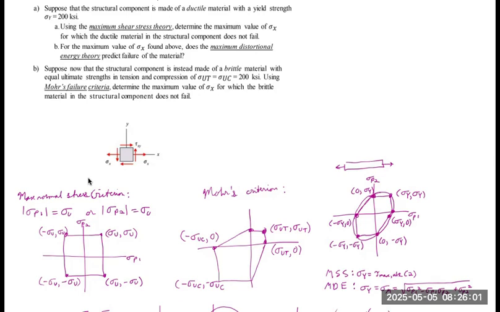While the maximum normal stress criterion assumes that compressive failure occurs at the same ultimate stress value as tension failures, Mohr's criterion takes into account that many brittle materials have a lower ultimate strength in tension, sigma UT, than in compression, sigma UC. So in this case, the maximum normal stress criterion cannot be used.